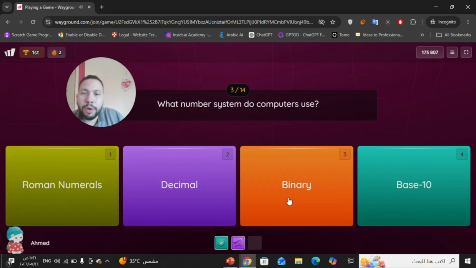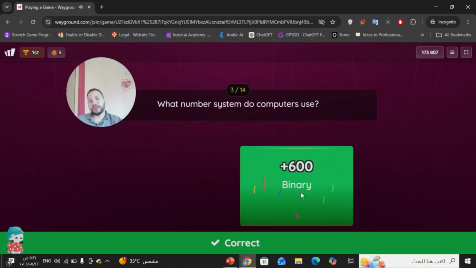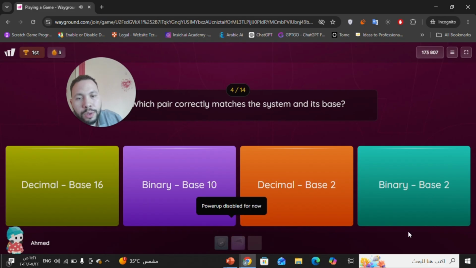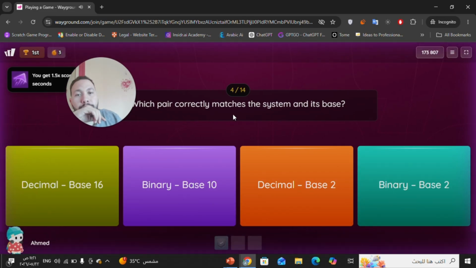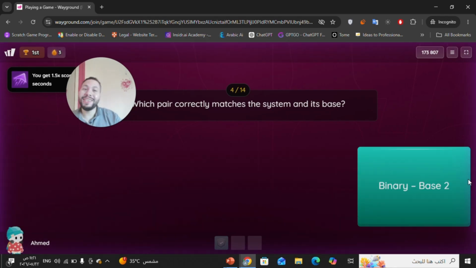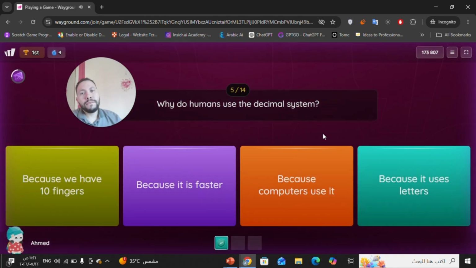Decimal or binary or base 10? Exactly, binary. Now, which pair correctly matches the system and its base? Decimal base 16, no. Binary base 10, no. Decimal base 2, no. Binary base 2, yes.